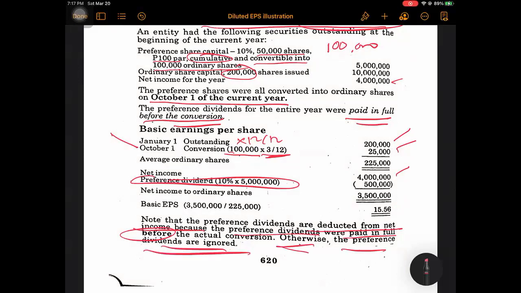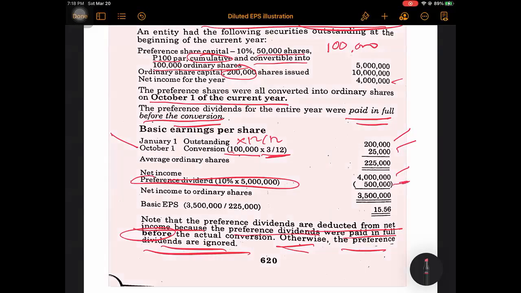If the preference dividends were not paid before the conversion, we have no amount to deduct. But based on the problem, it was paid before the actual conversion, therefore we need to deduct because the preference shareholders still had their entitlement. At that time, it had not yet been converted into ordinary shares. So that's why we need to deduct the 500,000 preference dividend.